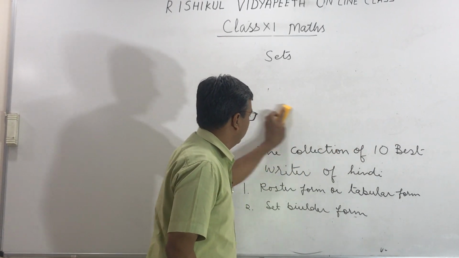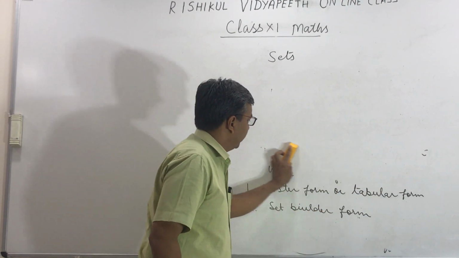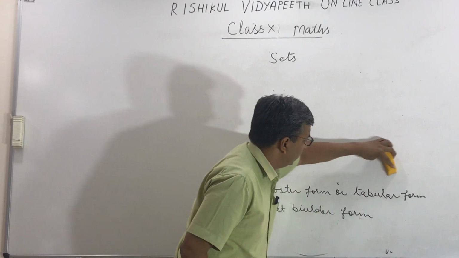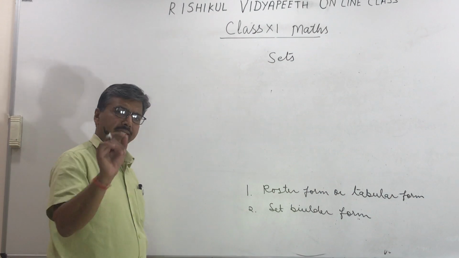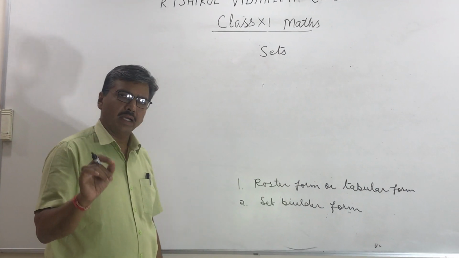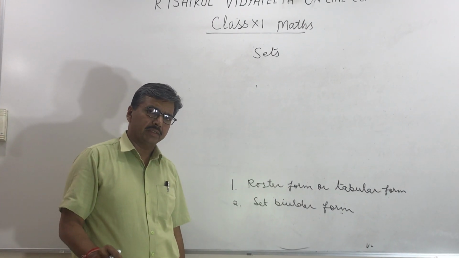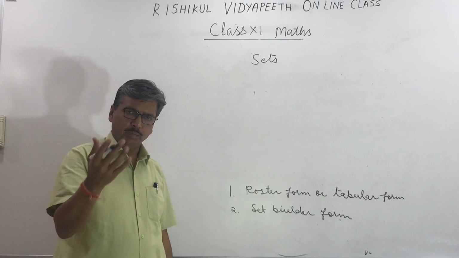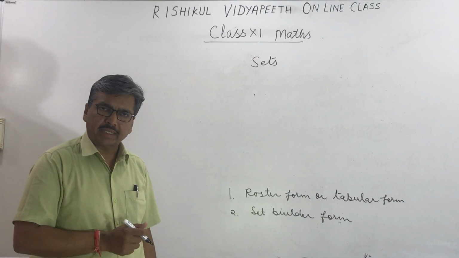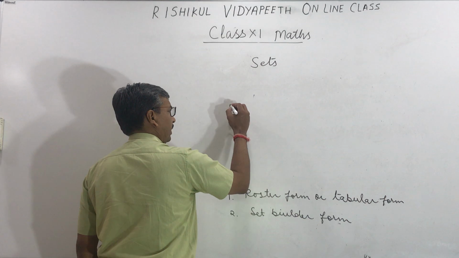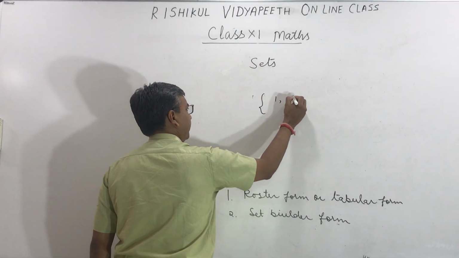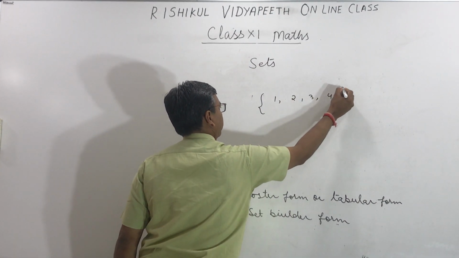Now see how we represent a set in roster form. Very simple. We write all the elements or all the objects in curly brackets, for example 1, 2, 3, 4.